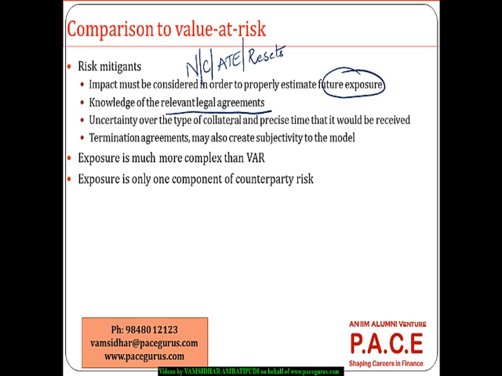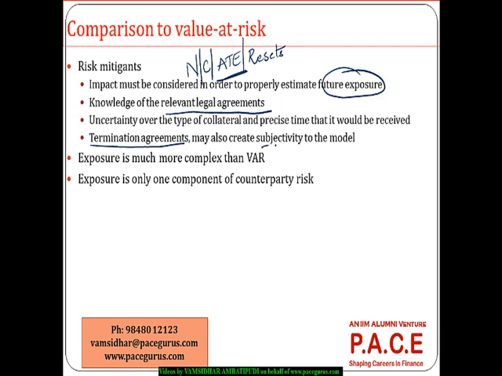Right? All these things create more and more complexity. What are the termination agreements that are there? All the different forms of breakouts. Also, are there any walkaway features? All these things will really create an impact on the proper computation of the future exposure.